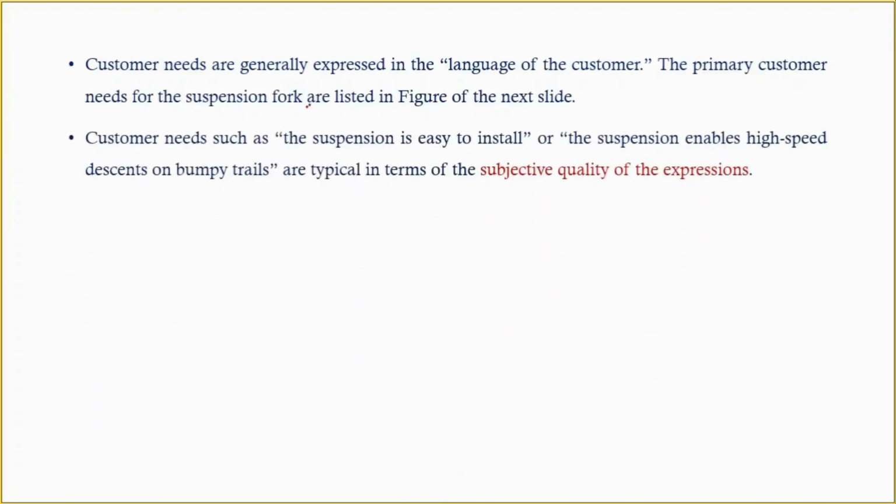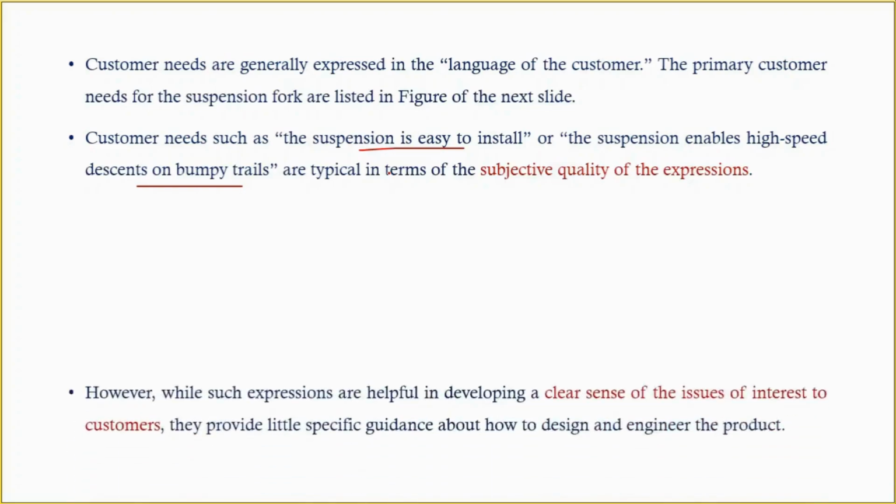Customer needs such as the suspension is easy to install. These are the needs required by the customer. Or the suspension enables high speed descent on a bumpy trail. These are the customer requirements, typically expressed in terms of subjective quality.